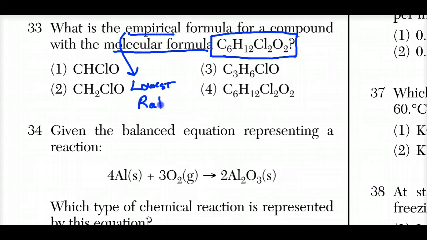Now they call it an empirical formula because empirically in a study, many different ways we would study compounds, we would do percents by masses, and we do percentages of the different types of atoms in a compound. We would come up only with the lowest ratio. For instance, if it's 50%, it's 1 to 1.